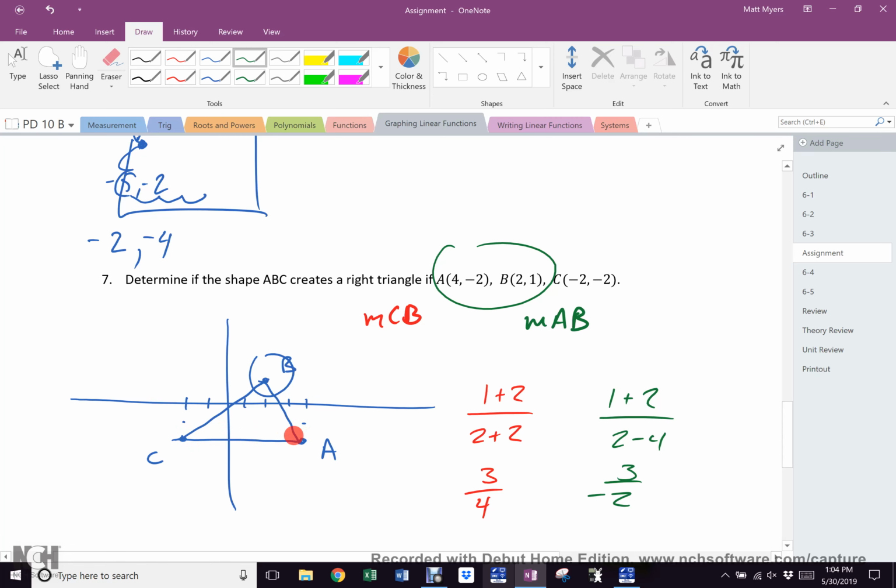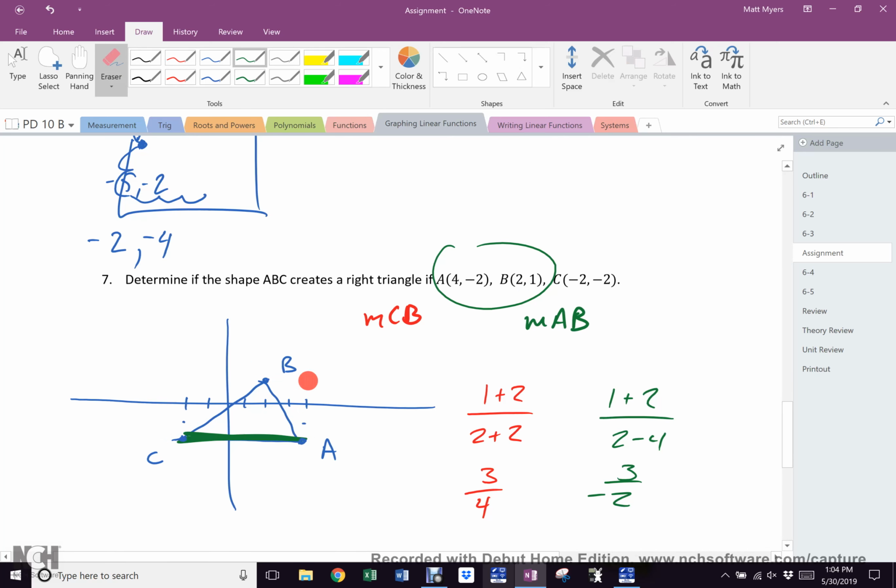Obviously A. But you don't need to. Because you know that these y's are the same, correct? So this is going straight across. Yeah? So what is perpendicular from straight across? Straight up and down. And that point is obviously not straight up and down, is it? Everybody good?